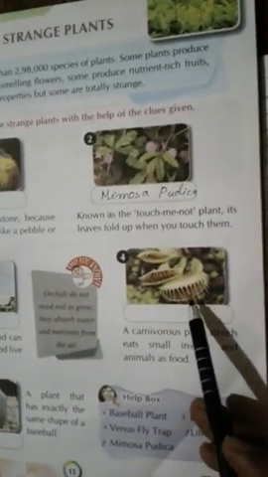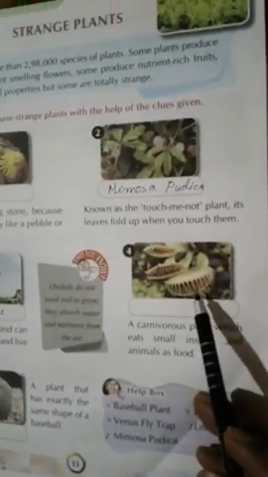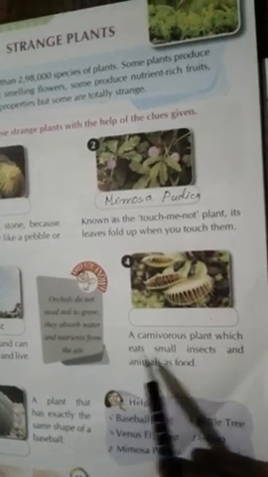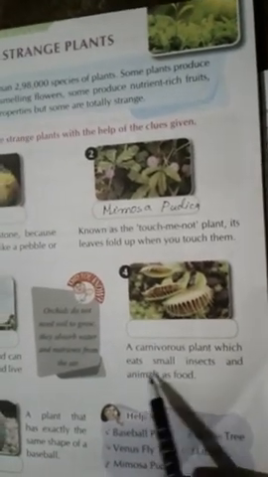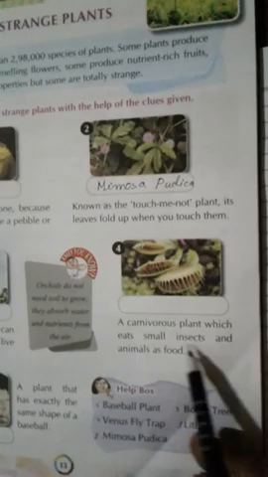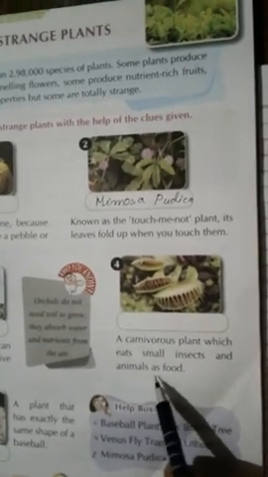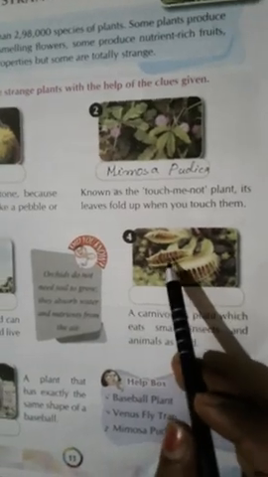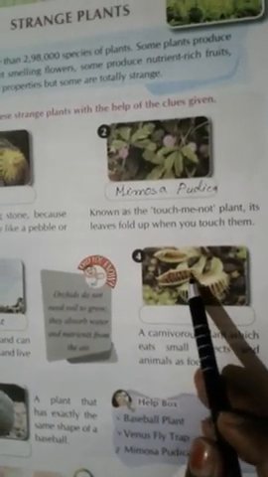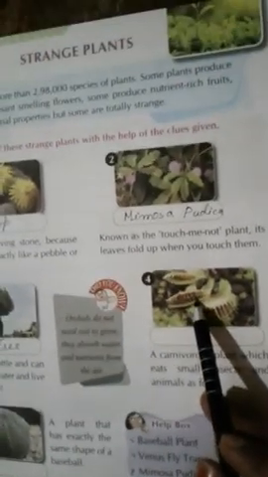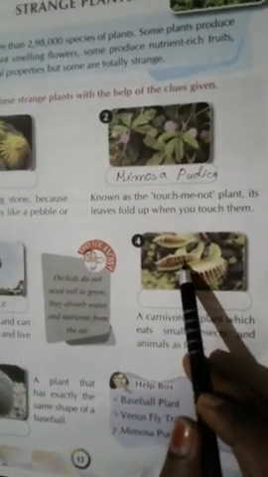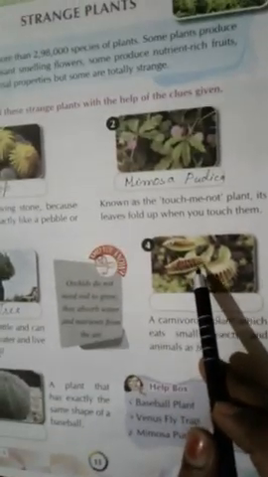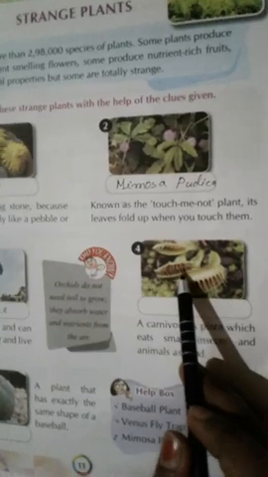Next, let us see about this carnivorous plant. Carnivorous means it eats insects. It's a carnivorous plant which eats small insects and animals as food. If any animals or insects sit nearby, then and there it closes the door, and very soon the insects will die.